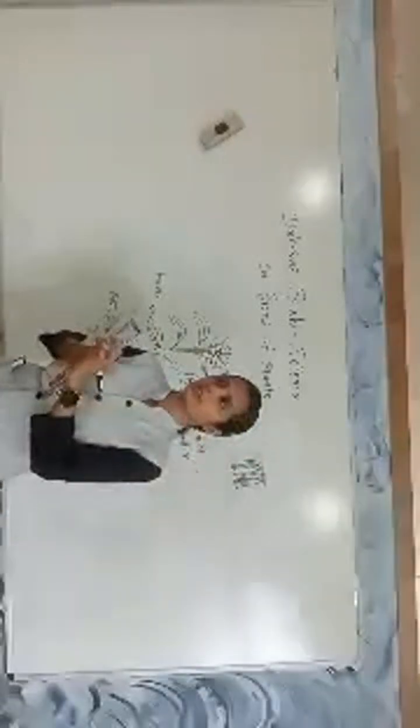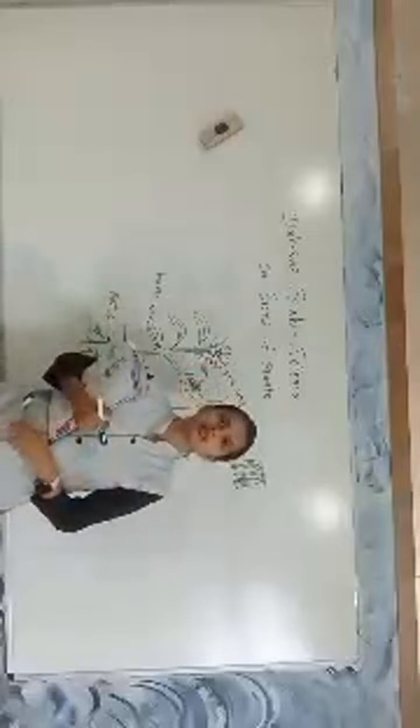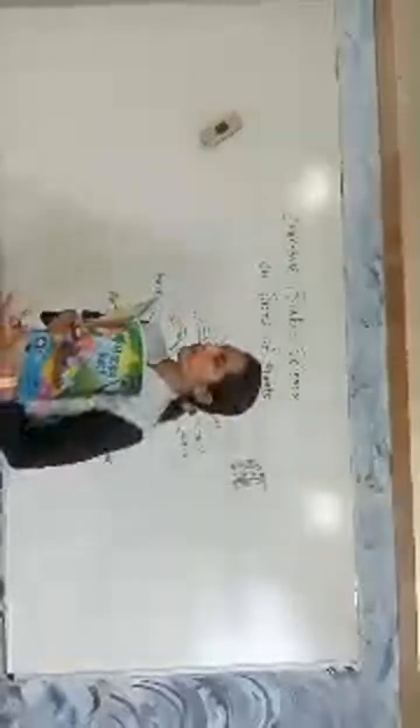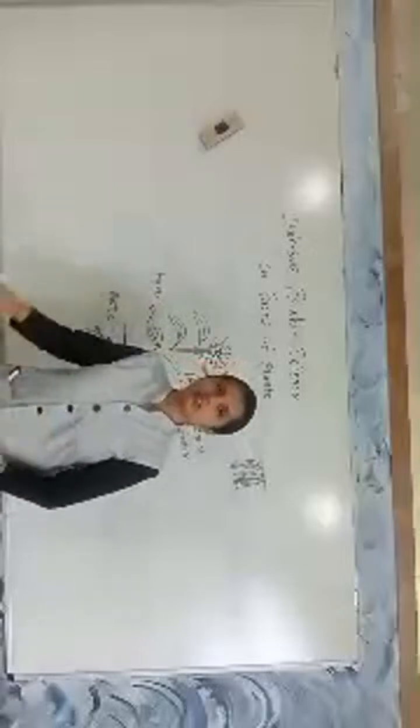First, leaves are called the food factory of the plant. This is an important question: why are leaves called the food factory? Because leaves prepare the food for the plant through photosynthesis. You already know what photosynthesis is: the plant prepares food in the presence of sunlight, air, water, and this process is called photosynthesis.